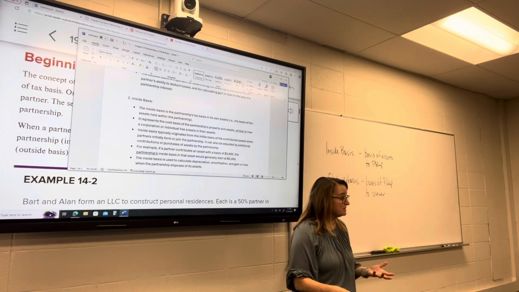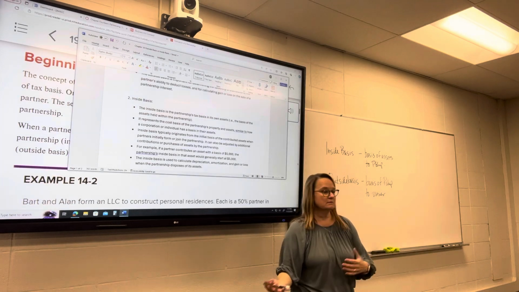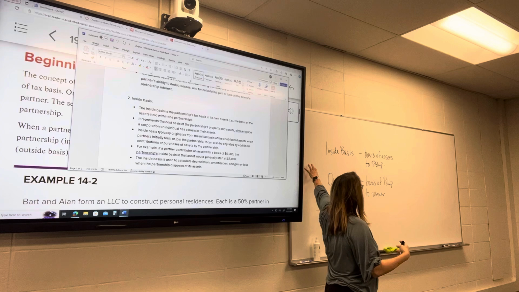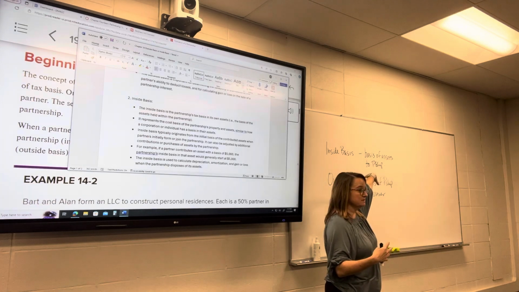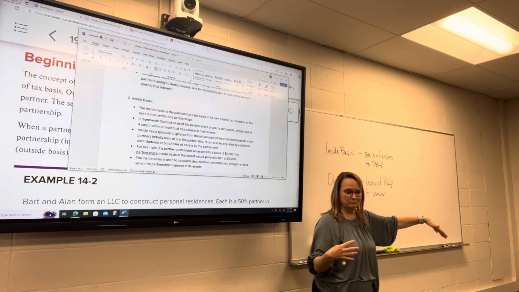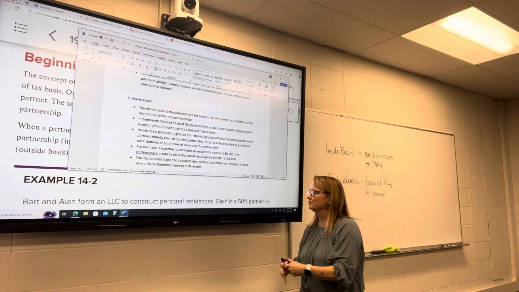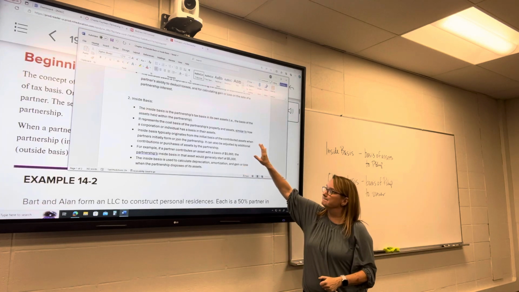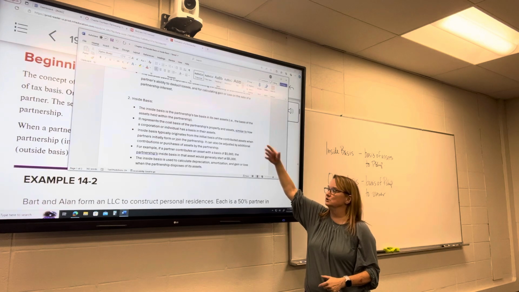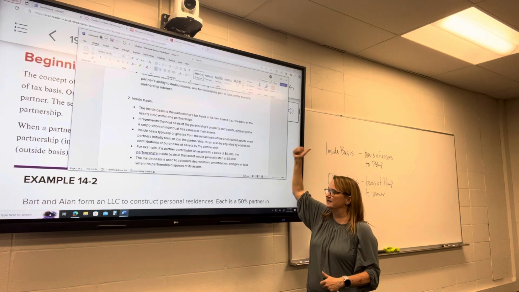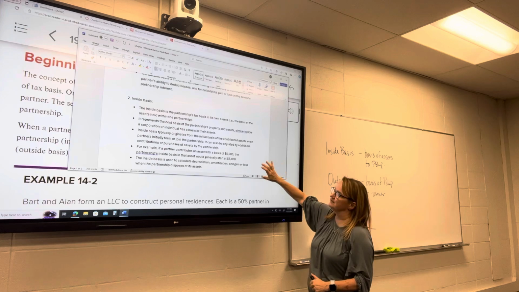So when the partnership itself purchases assets, that's going to increase their inside basis. Now it's also going to decrease it by the amount of cash that was used to purchase those assets. So whenever they purchase an asset, that inside basis is going to be affected by that.